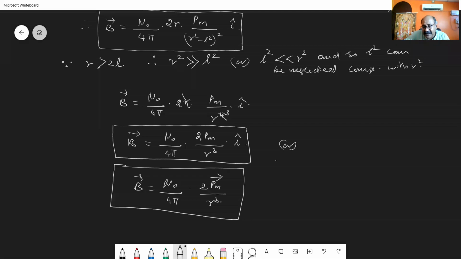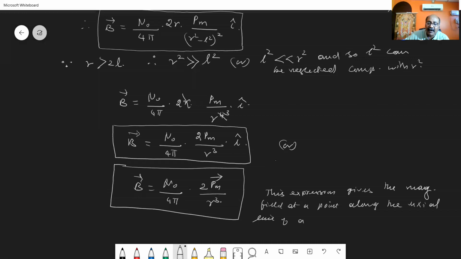So the magnetic field is acting in the direction of the magnetic dipole moment. So this expression gives the magnetic field at a point along the axial line of a bar magnet, or axial line of a magnetic dipole.